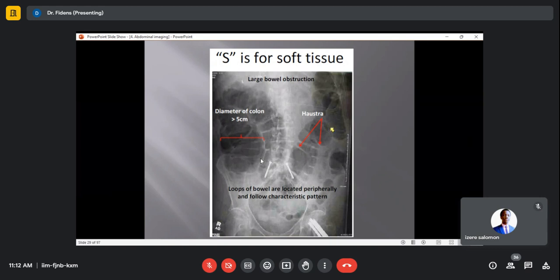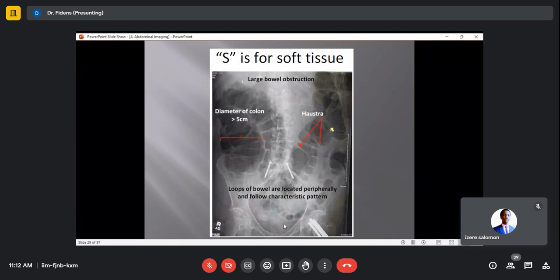This is the cecum here at the right iliac fossa, ascending colon, hepatic flexure here. I told you that the transverse one makes a U shape. Normally, the normal anatomy is like this, to go to the splenic flexure, the descending colon, sigmoid and rectum.